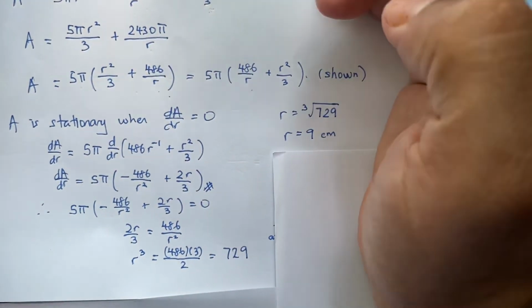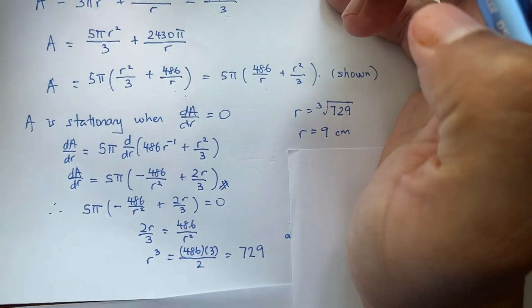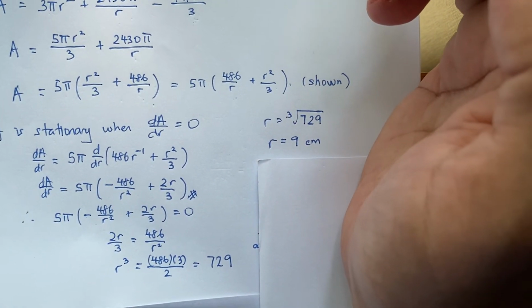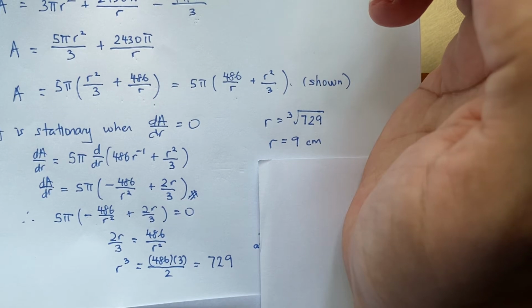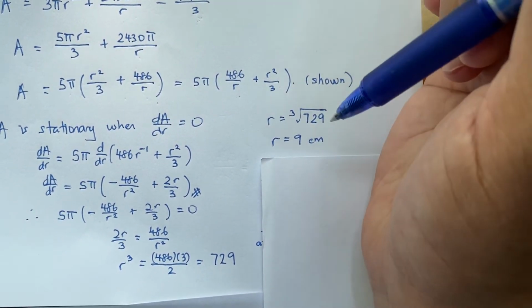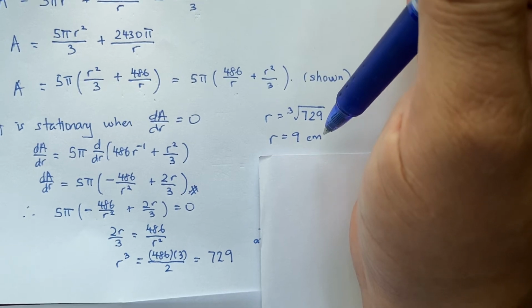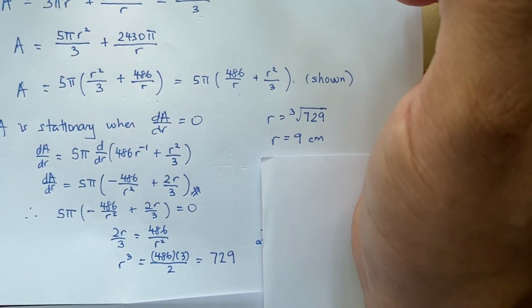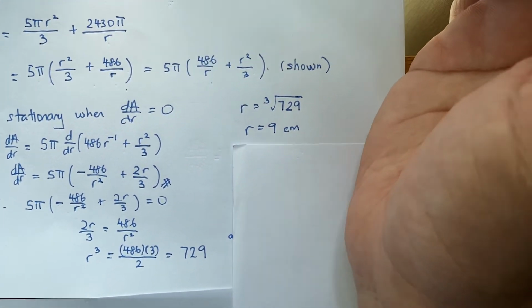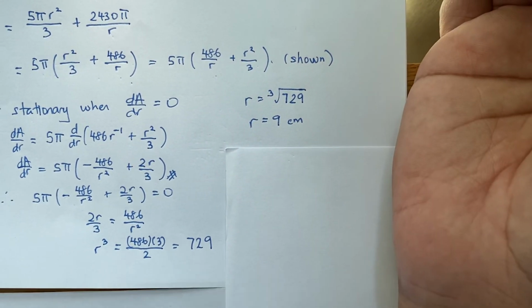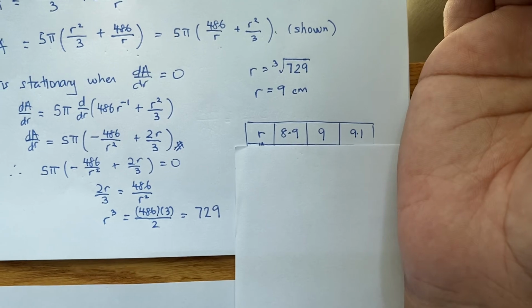Now, are we going to do the first derivative test or the second derivative test to show that at this r of 9 cm, which is stationary, A is minimized? This is the second part of our question. I choose to do it by the first derivative test.